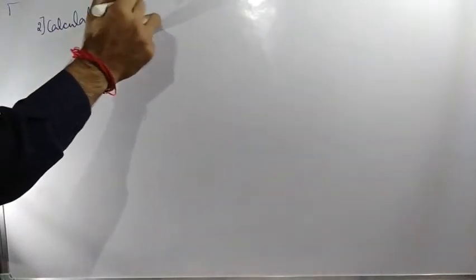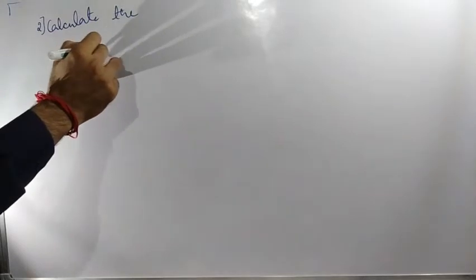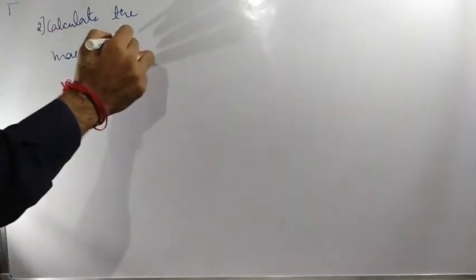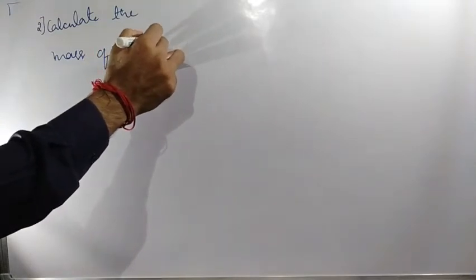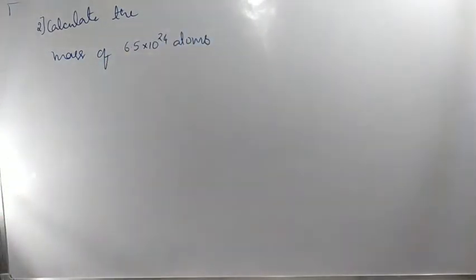Next question. Calculate the mass of 6.5 into 10 to the power of 24 atoms of gold.